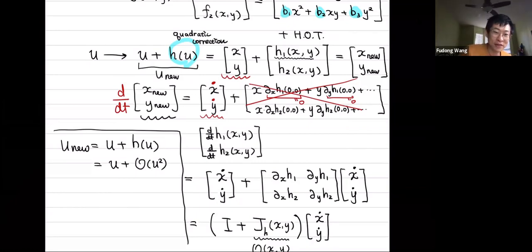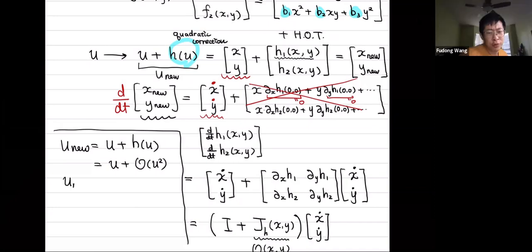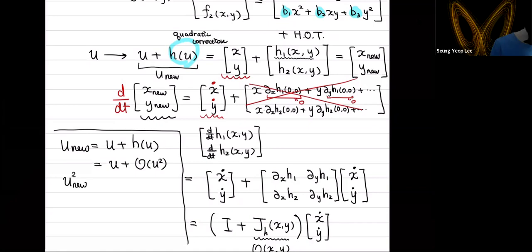Just square both sides. Square both sides, O of u cubic.